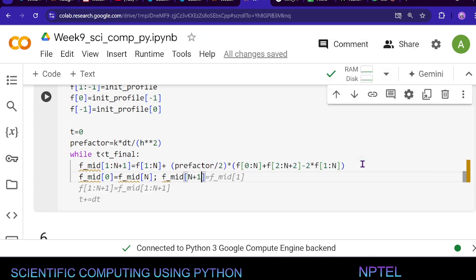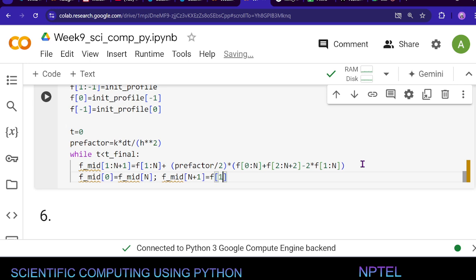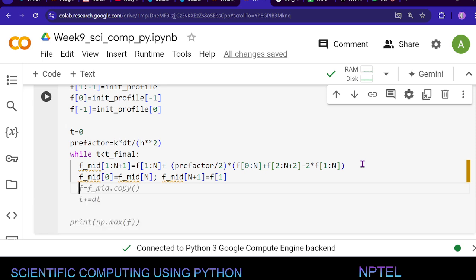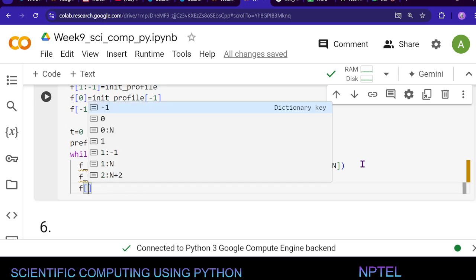So the last point, which is the ghost point, is equal to f of 1, which is the first point of the initial profile. Okay, and then we do the second step, which is the real thing.